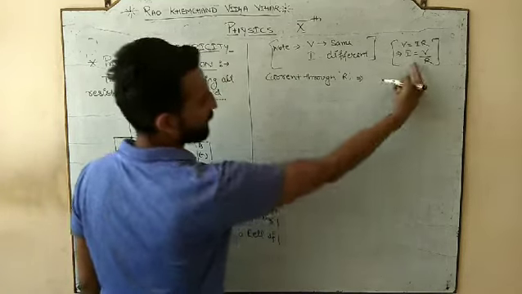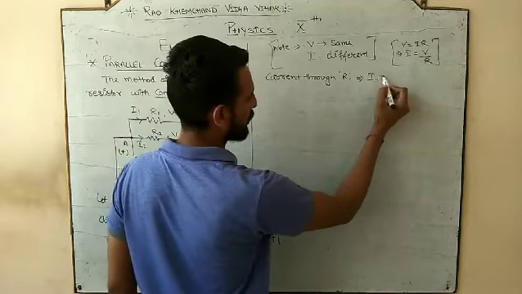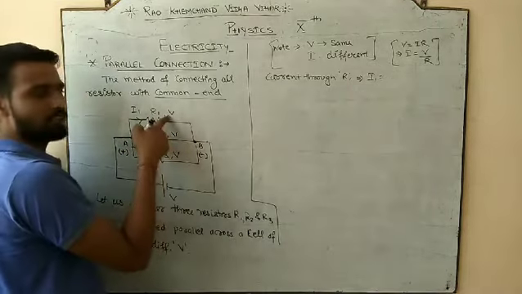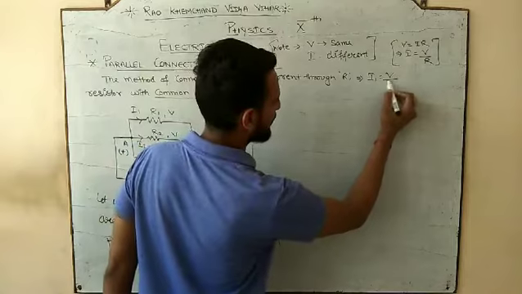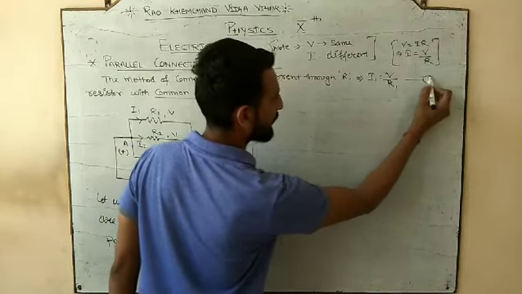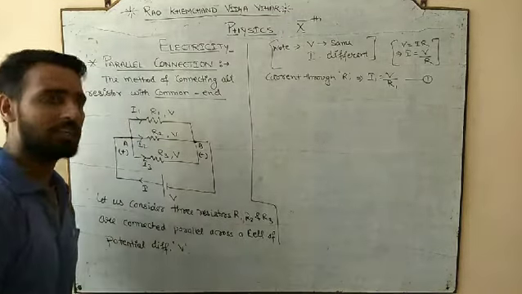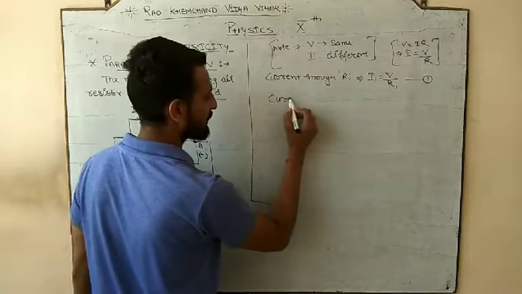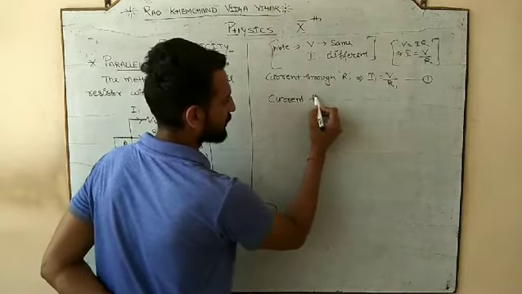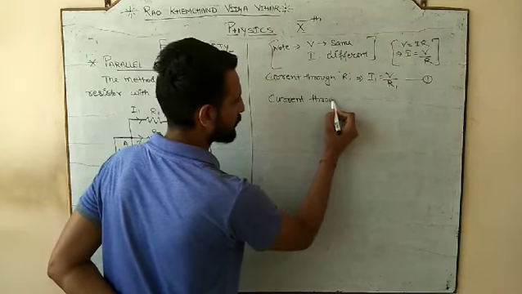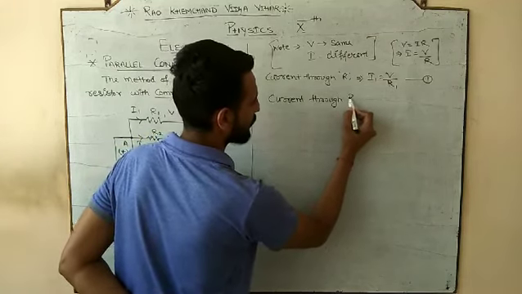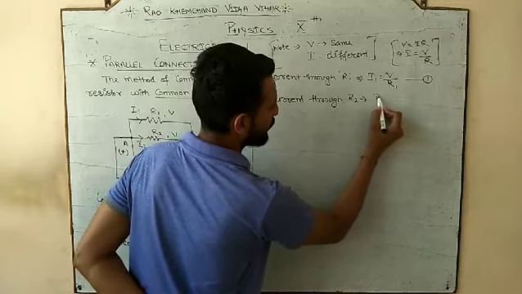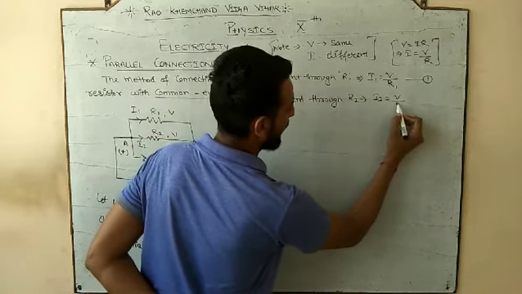So what is the formula for I? I1 would be, what is the potential across R1? V, and what is the resistance? R1. So what is the current through R1? I1 is equal to V by R1. Similarly, the current through R2, I2 would be V by R2.